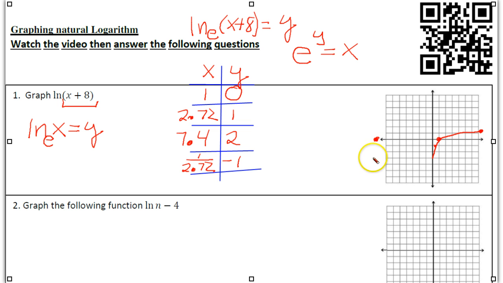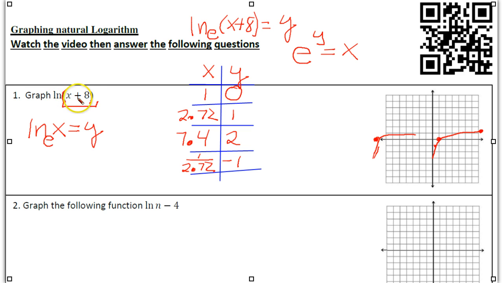And then we're going to end up with something like, let me see if I can do that properly here. So it's the same shape of the graph, except we've shifted it over 8 units. And our vertical asymptote here was 0. Here our vertical asymptote will be negative 8. That is the opposite sign of when it's in parentheses.